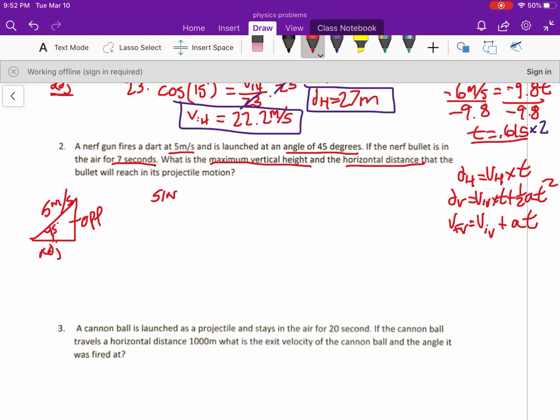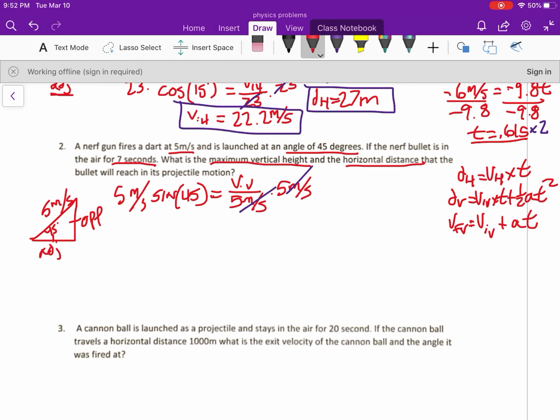I'm just going to use sine. So sine of my angle, 45, is equal to my opposite side, which in this case is going to be my vertical initial velocity, divided by my hypotenuse, which is 5 meters per second. Solve this by multiplying both sides by 5. The 5 goes away on that side.